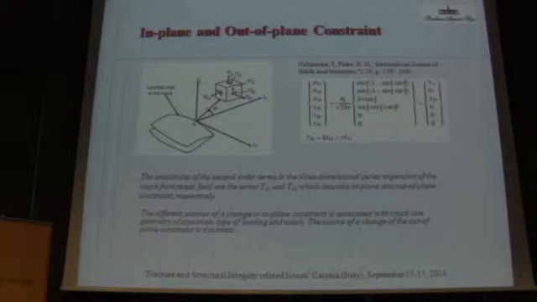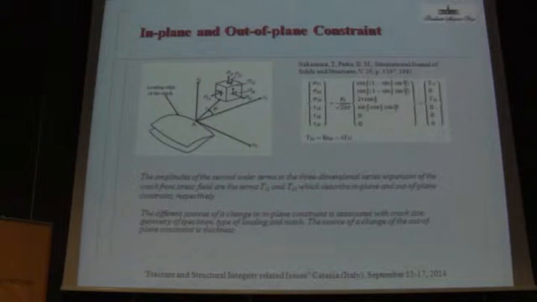So, a component of stress field in the vicinity of the crack tip can be represented by the following equations, which contain two basic terms. The first one is connected with the singular term and K1, and the second term reflects the constraint parameter in the vicinity of the crack tip.